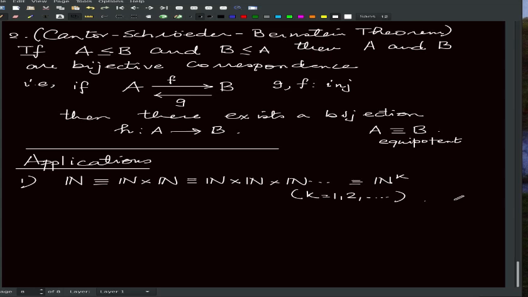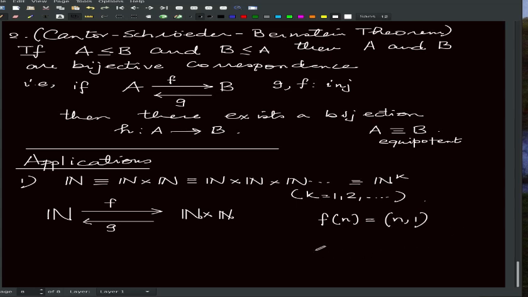And how do you prove this? Well, you have to produce two injective maps. And how do you do that? Obviously, if you take f(n) to be equal to (n,1), you are done on one side.